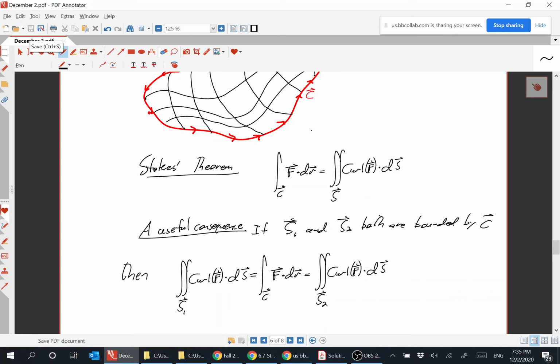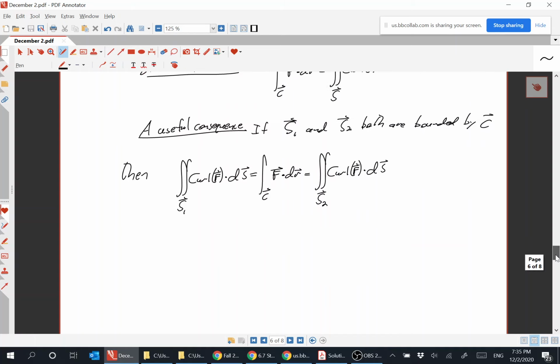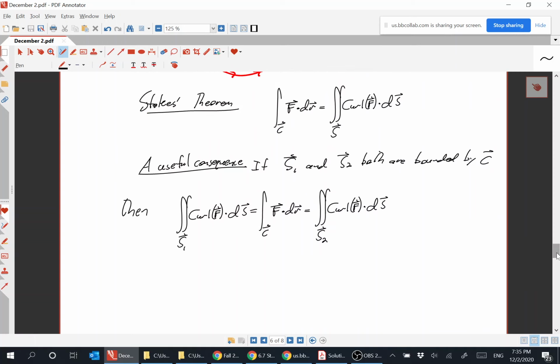But instead, I said, okay, forget about the paraboloid, forget about the circle, let's just use the disk. Because the disk, its boundary is that circle too. So you can do that, using that flat surface, the plane.